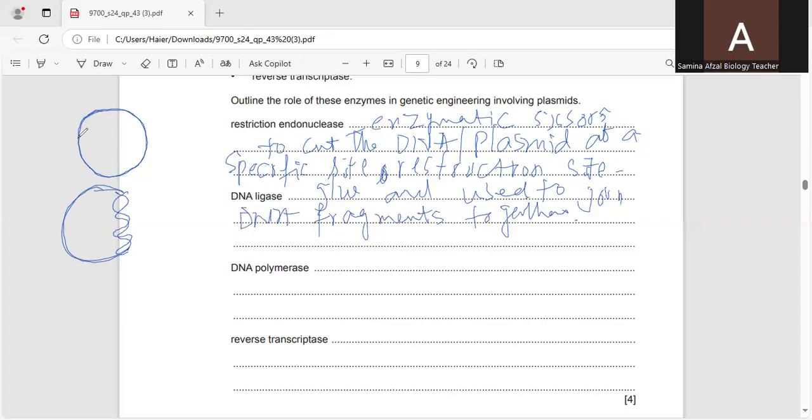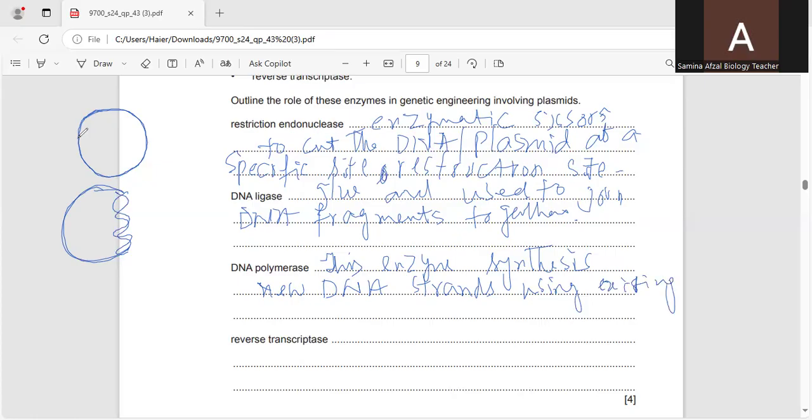This enzyme synthesizes new DNA strands using the existing DNA as a template.